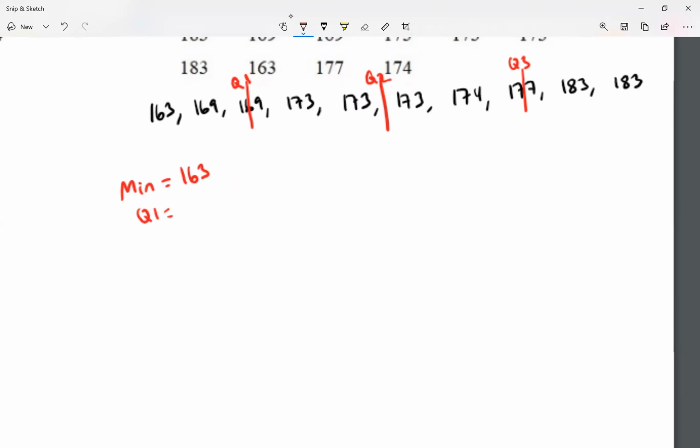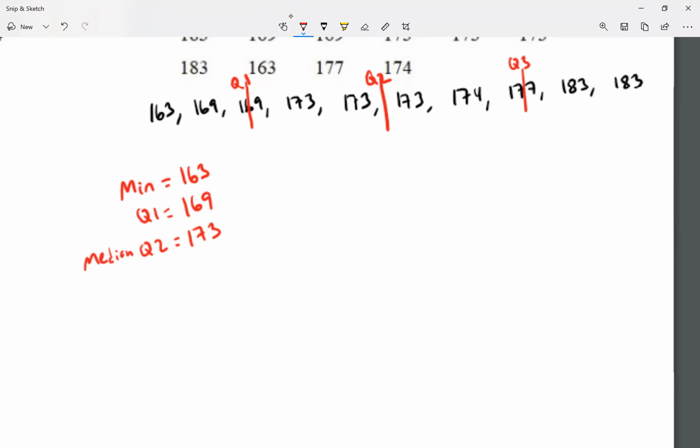Quartile 1 is 169. Quartile 2, or the median, some people call this median, some people call it quartile 2. You see it's in between 173 and 173. So I'm asking what's in between 173 and 173? Well, it's the same number, so I'm just going to copy it down, 173.